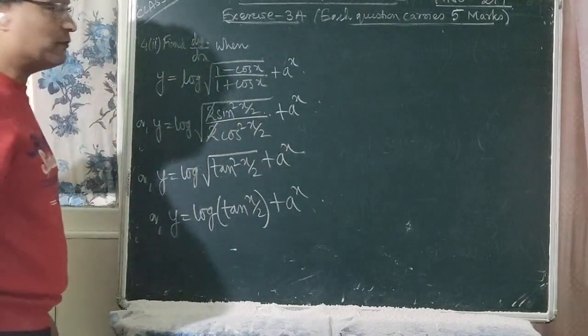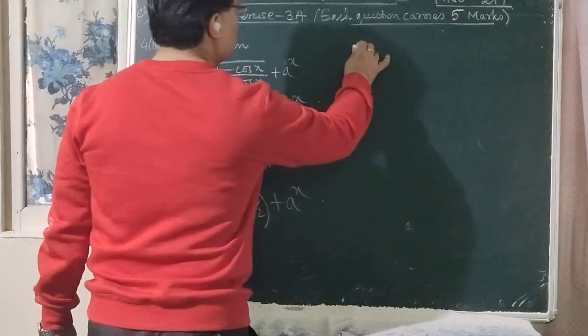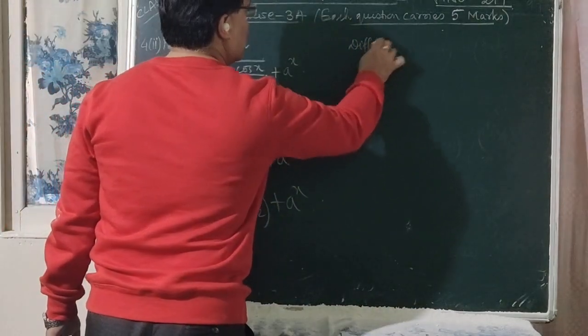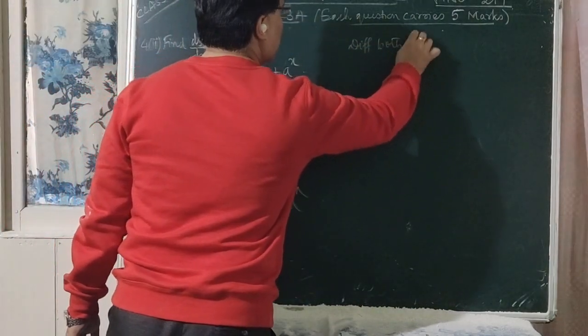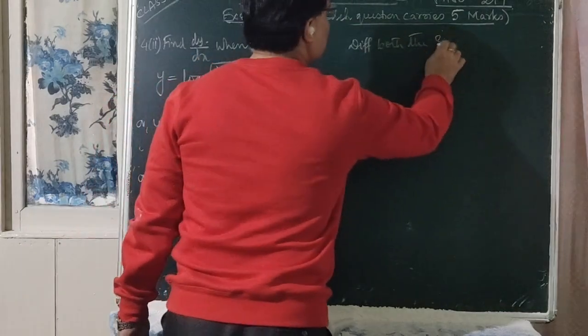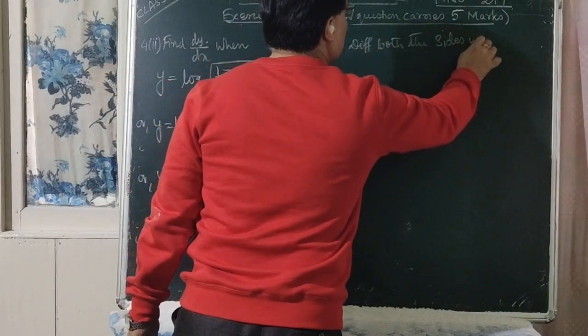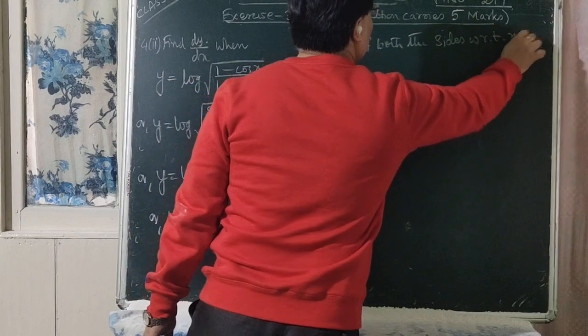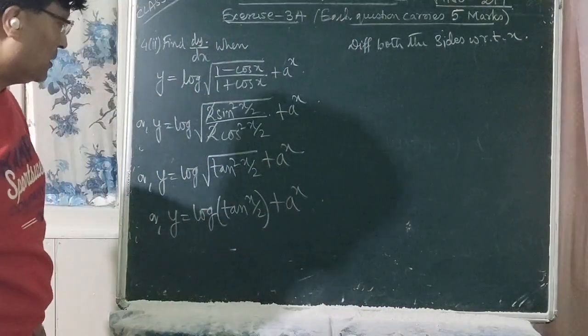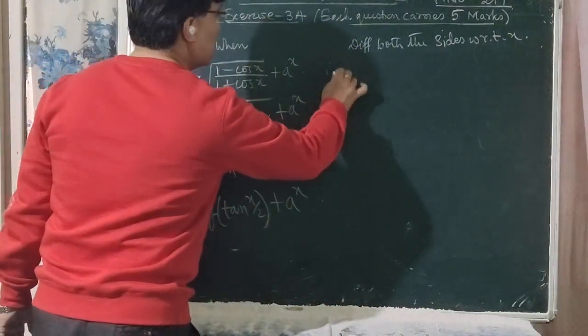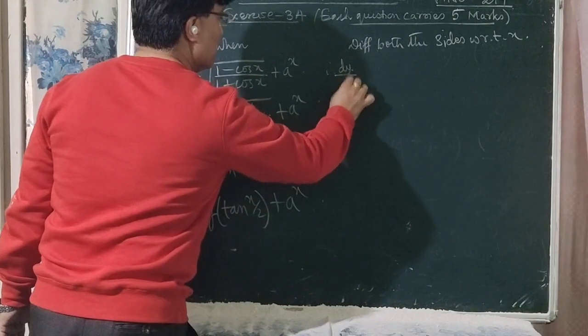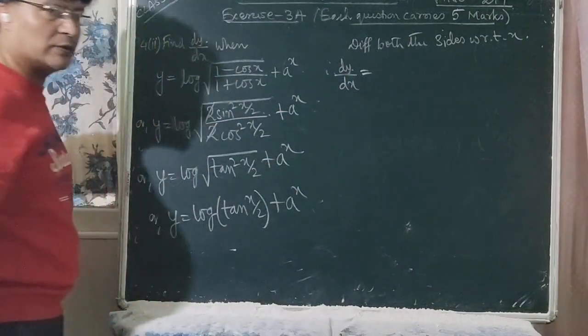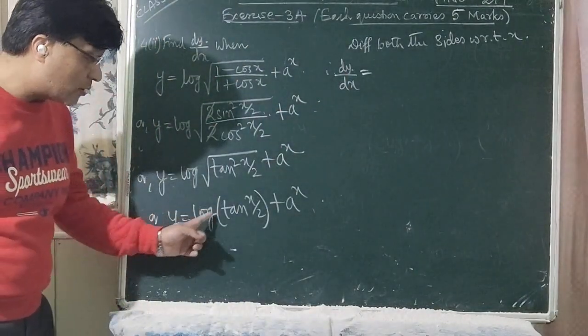So write down, differentiating both the sides with respect to x. Okay? So therefore dy by dx is equal to, now what is d by dx of log of tan x by 2?